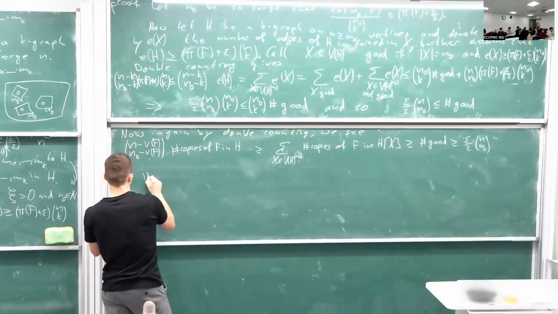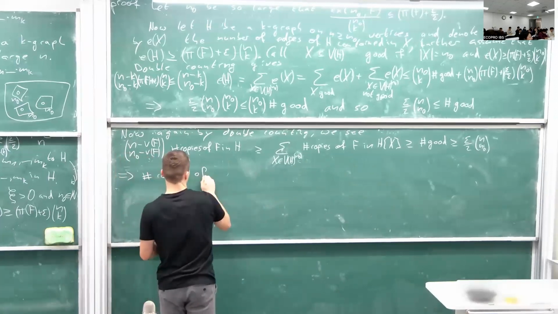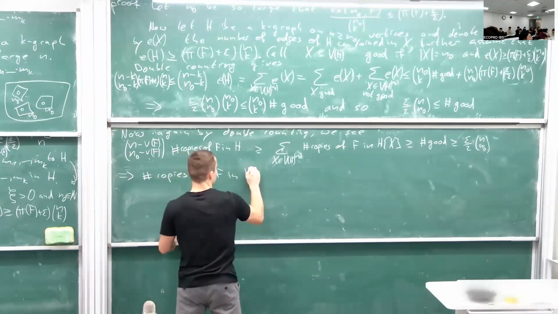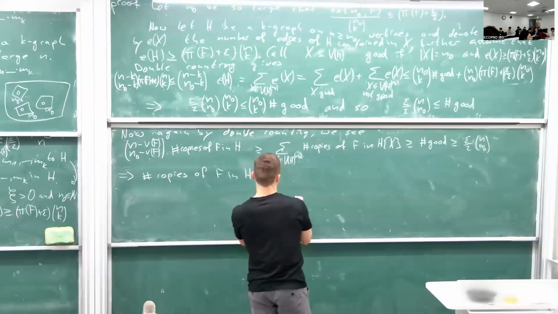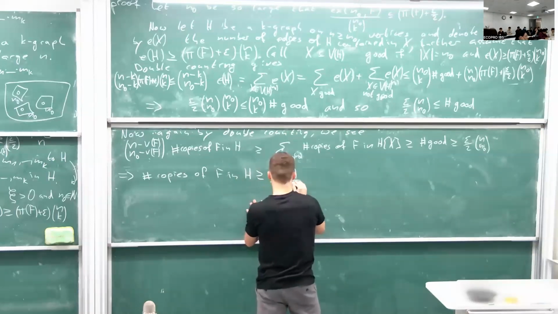And this gives that the number of copies of F in H is at least epsilon half times n choose n0 divided by n minus VF choose n0 minus VF.